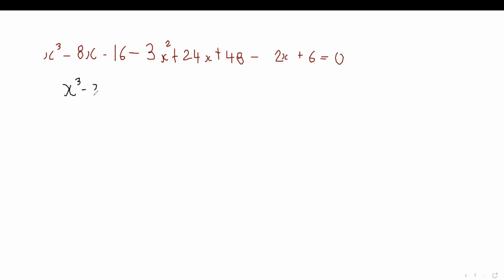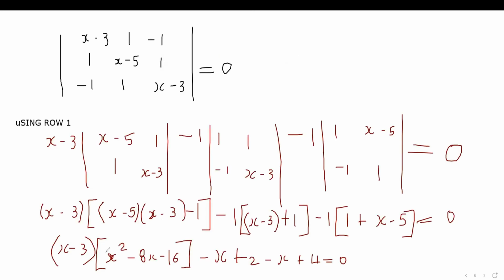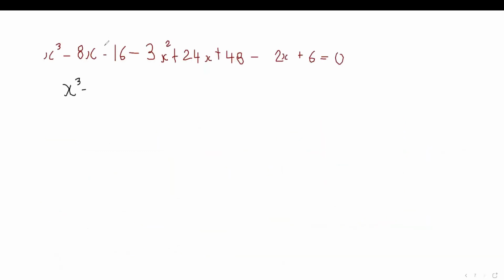X times this was x cubed minus 8x squared minus 16x. So minus 8x squared and minus 3x squared is minus 11x squared. Then I have minus 16x plus 24x, that's 8x, 8x minus 2x, that's 6x.